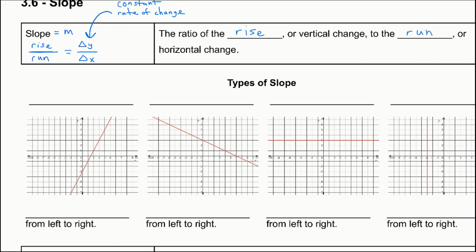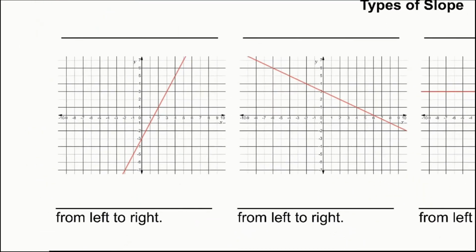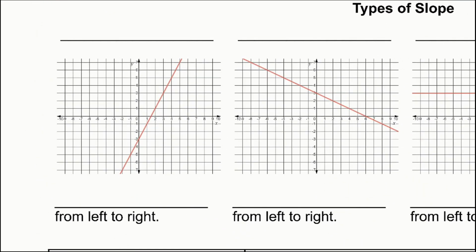There are four different types of slope that we are going to run into. The first kind is when we read slope, we think about what's happening from left to right, like we would read a book.